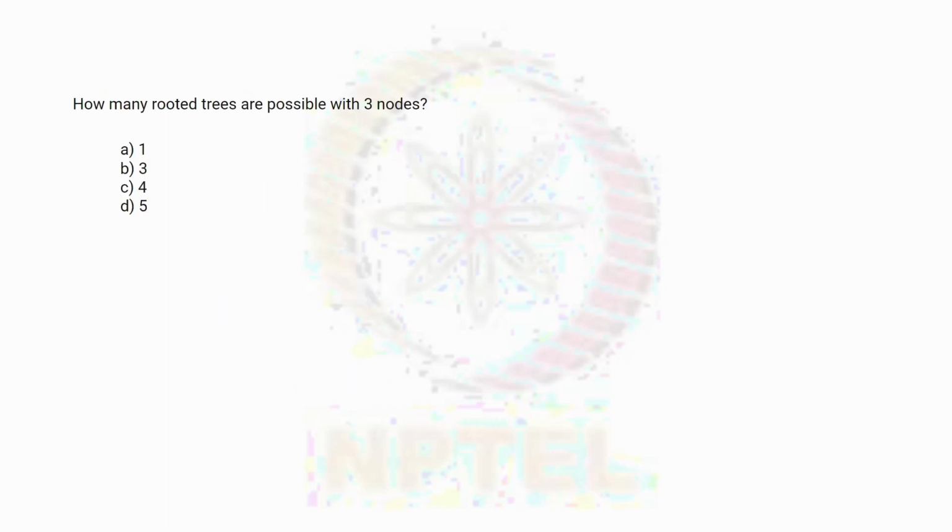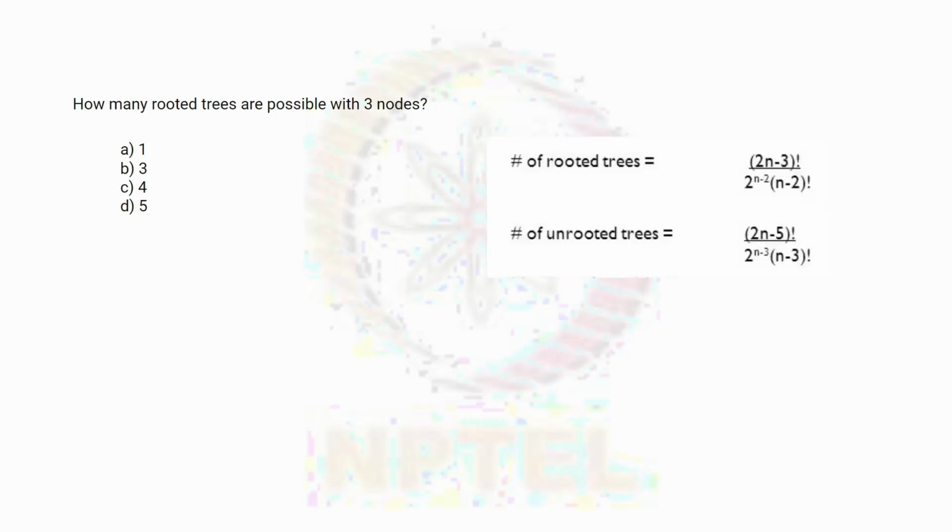Here, how many rooted trees are possible with 3 nodes or 3 taxa, you can consider them. So you can use this formula, where n stands for the number of nodes.